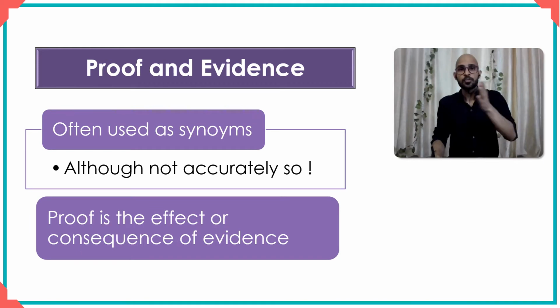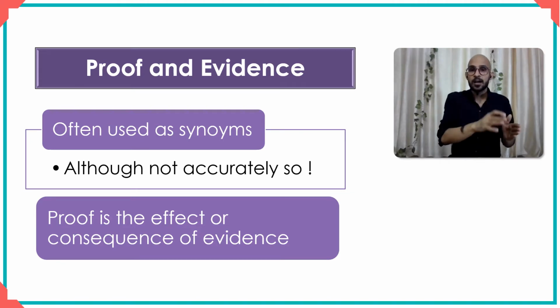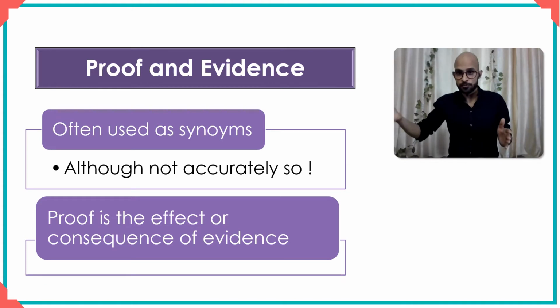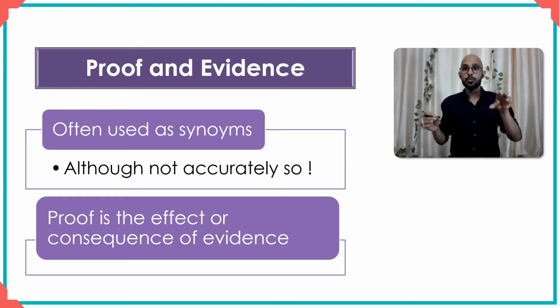Proof is the consequence of evidence, which means you adduce evidence, you show evidence, and thereafter you reach the consequence or the conclusion of proof. In other words, proof is the effect of the production of evidence. You show evidence and then proof happens, right? So evidence is the route or the means to achieve the end of proof.